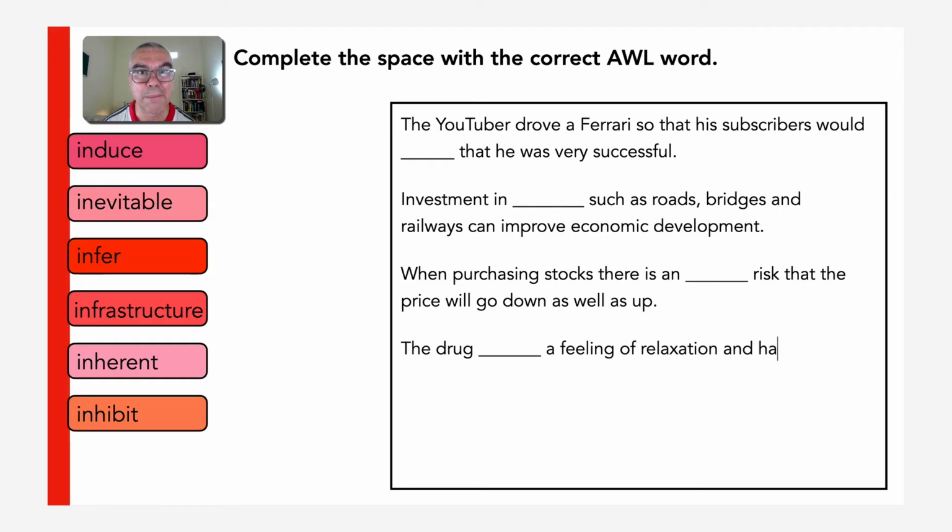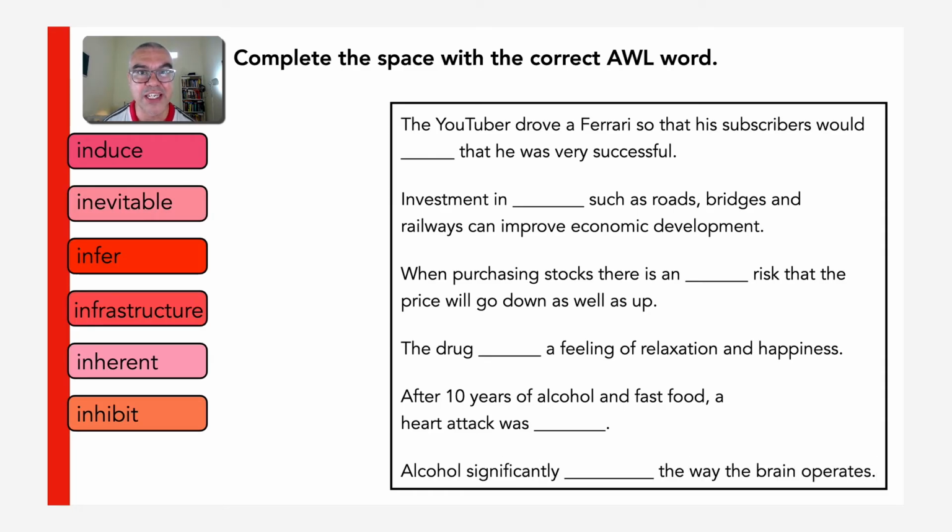The drug blank blank a feeling of relaxation and happiness. After 10 years of alcohol and fast food, a heart attack was blank blank. And the last sentence, alcohol significantly blank blank the way the brain operates.